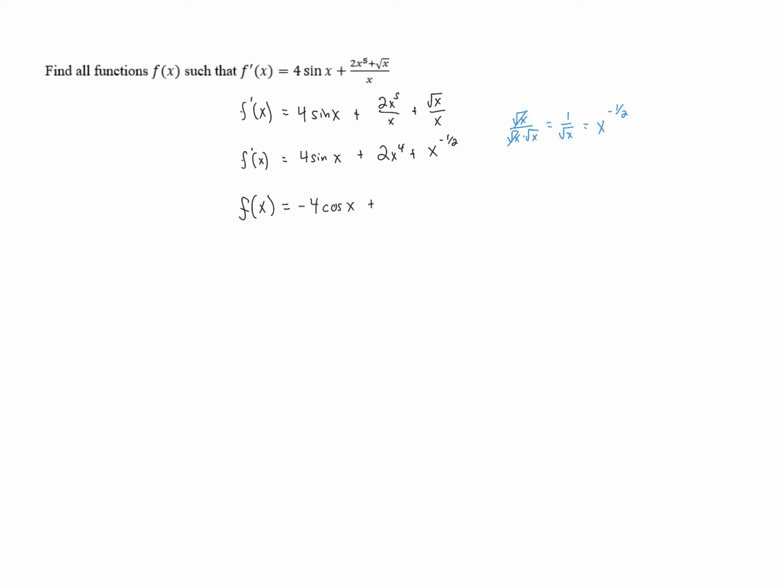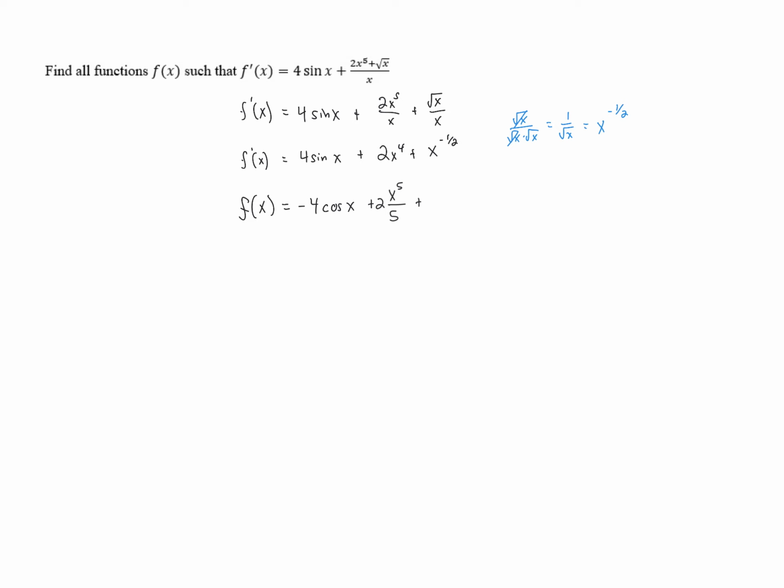When we've got the antiderivative of a power, we increase the exponent by 1 and then put that new exponent in the denominator. So that's going to be x to the fifth over 5 with that factor of 2 out front. And then similarly, we can use that same power rule here.